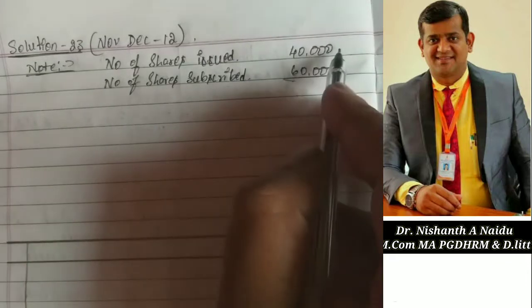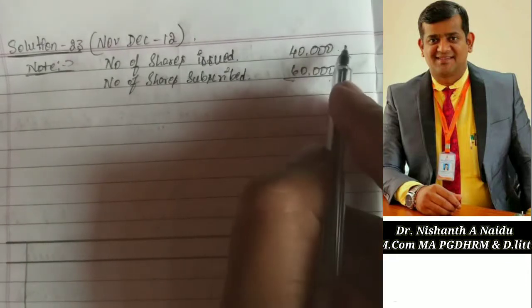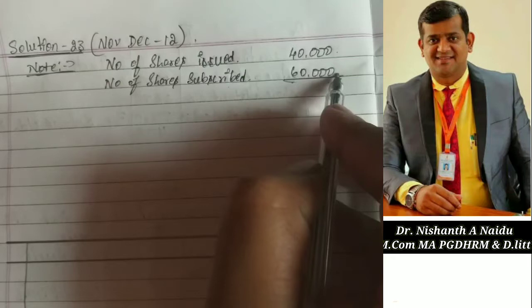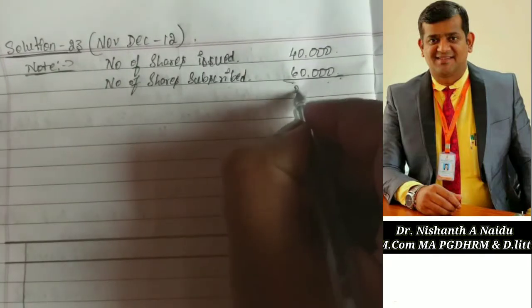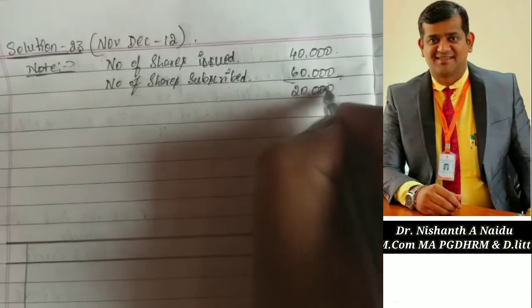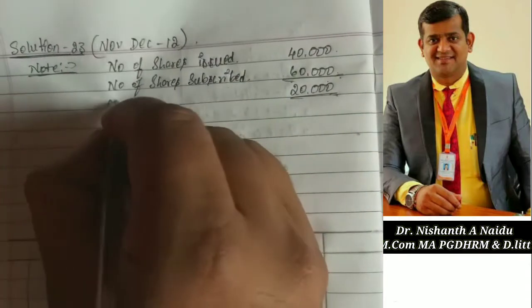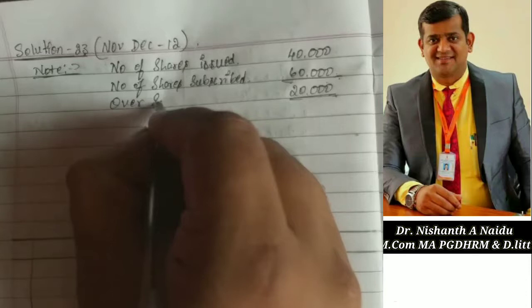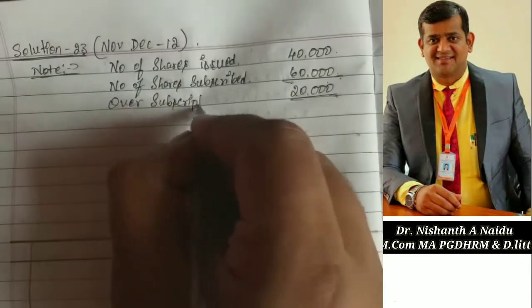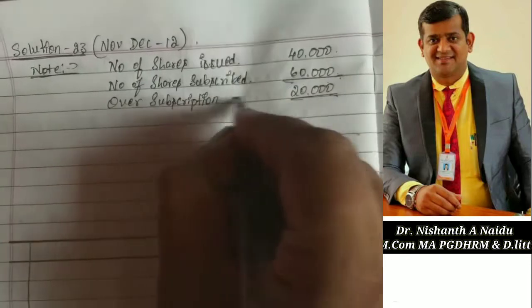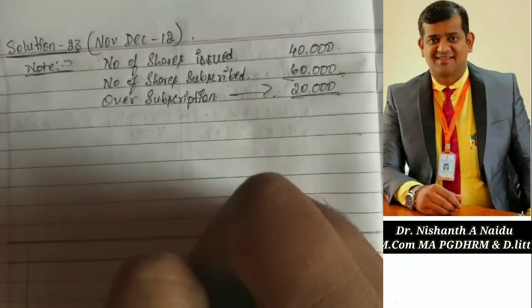So subscribed is more than offered. When subscribed is more than the offer, the difference we get is called oversubscription. So the problem is an oversubscription problem, oversubscription of 20,000 shares.